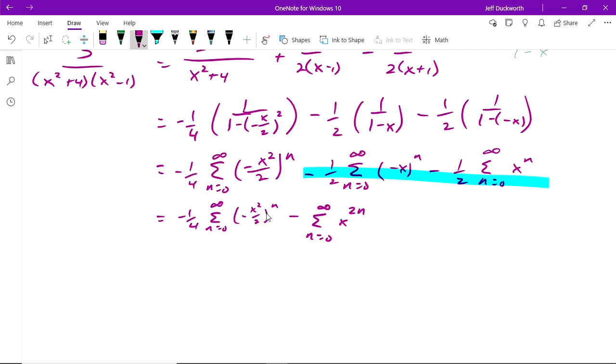And so we've got an x to, we can change this here. And this will be x to the 2n. And we're looking at a negative 1 to the n. And then we've got a 2 to the n. So we can pull some of that out. And ultimately, we're going to get this.